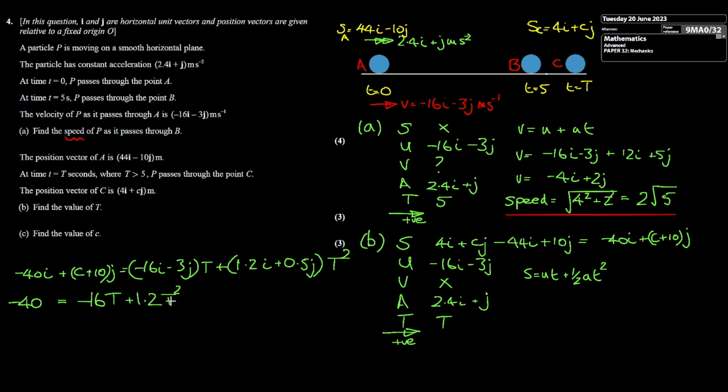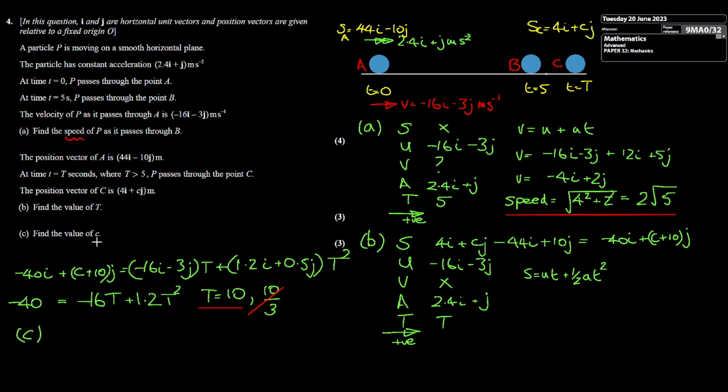This is a quadratic in T, and if you factorize it by whatever method you choose, including a calculator, you get that T is equal to 10 or 10 over 3. We're told that T is greater than 5, so this solution can be rejected, and our answer becomes that T is equal to 10 seconds.